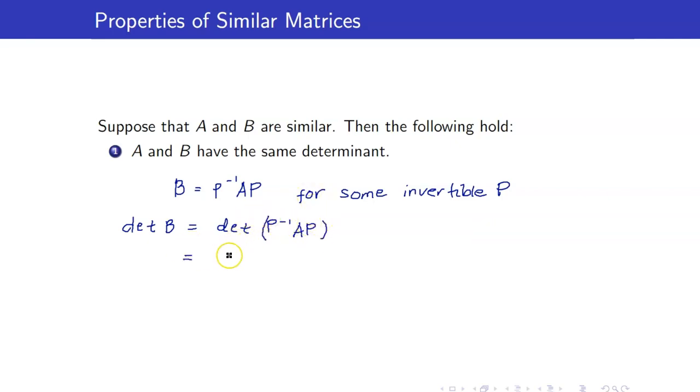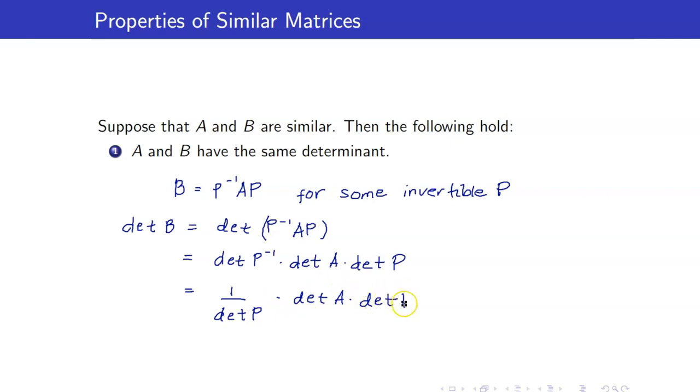From the properties of the determinant, this is equal to the determinant of P inverse times the determinant of A times the determinant of P. However, the determinant of the inverse is equal to 1 over the determinant of your matrix P. Since these are just real numbers, this cancels out, and therefore we get that the determinant of B is the same as the determinant of A.